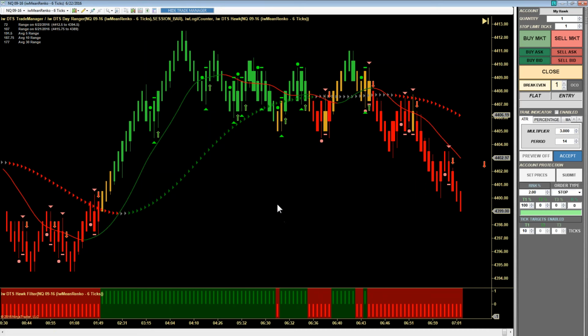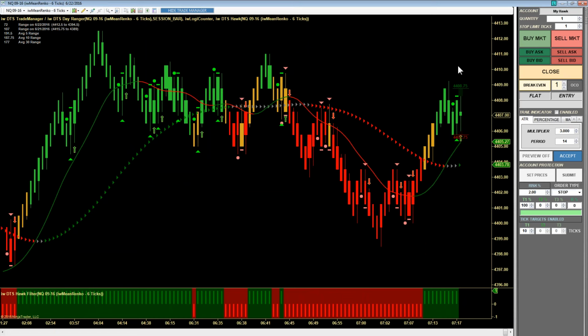Some of the parameters are momentum parameters, some of them are volume. There's even price parameters that have to be met for these trades to initiate. So don't think that just because this is what you see on here, it's much more sophisticated than that.